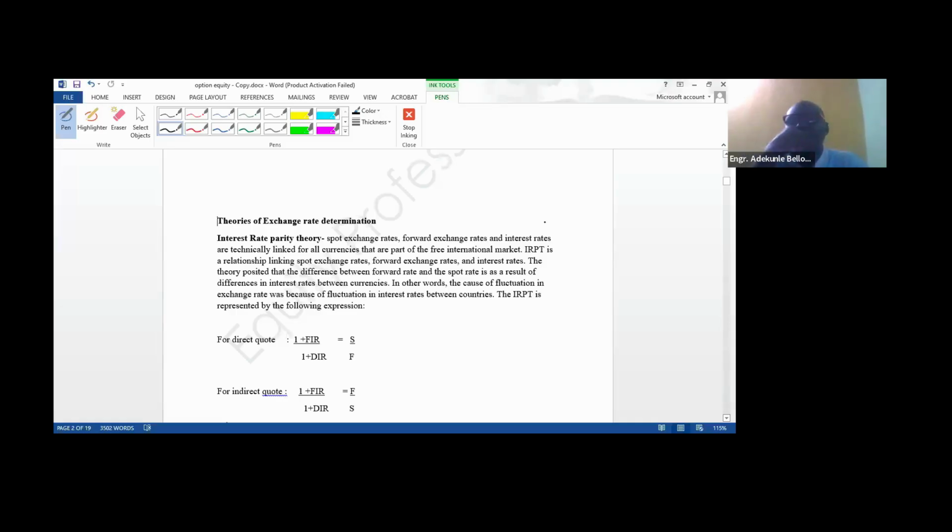According to this theory, a country with higher interest rates has its currency value depreciating faster compared to a country with lower interest rates.